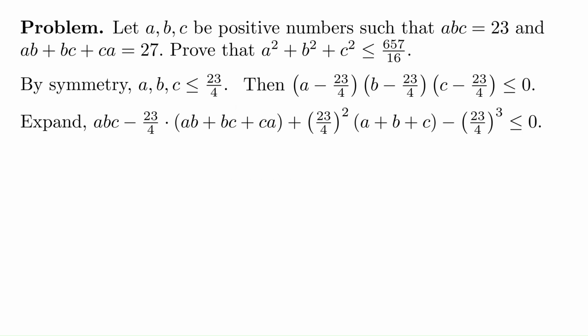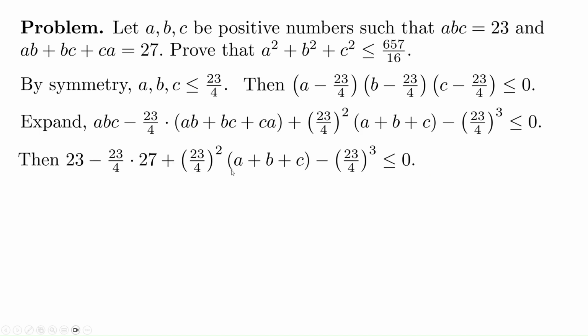Expand: A times B times C minus 23 over 4 times AB plus BC plus CA plus 23 over 4 squared times A plus B plus C minus 23 over 4 cubed is less than or equal to 0. Plug in ABC and AB plus BC plus CA.